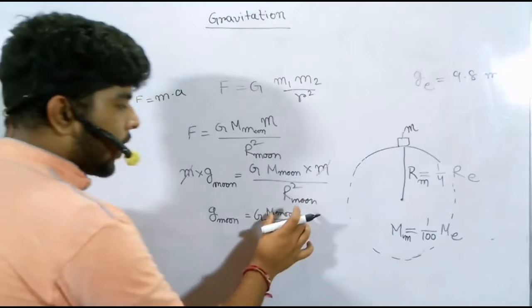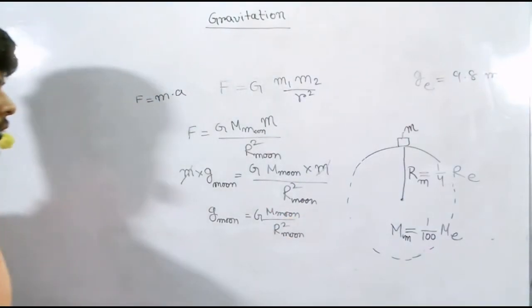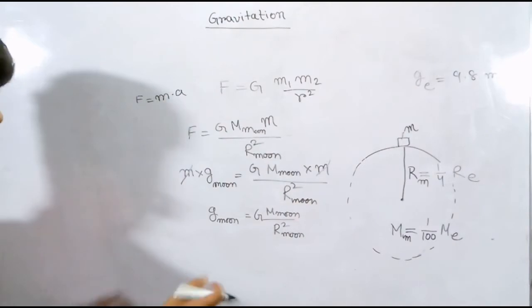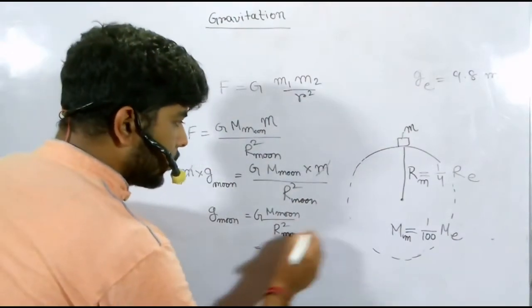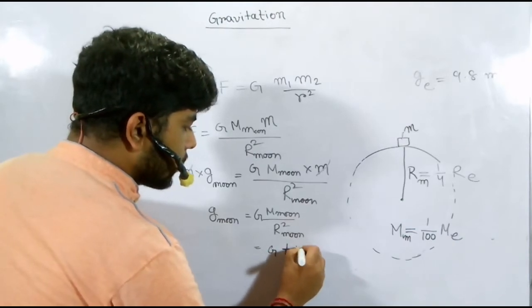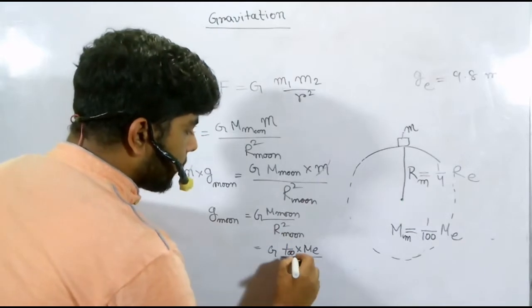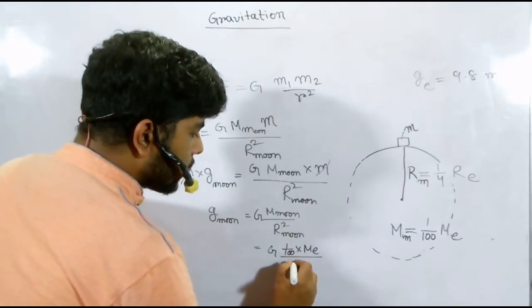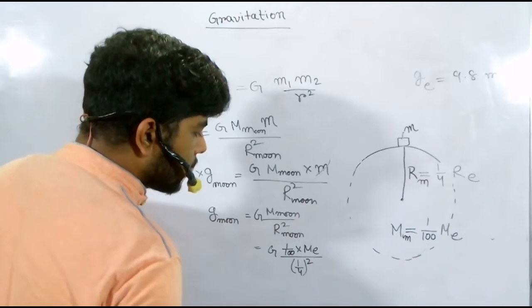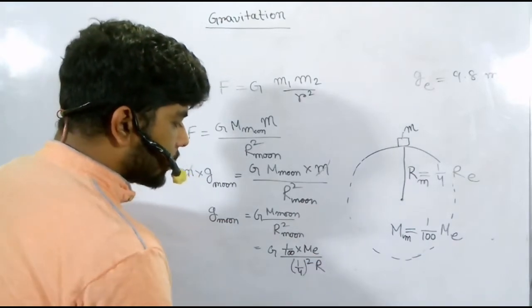So we know that the mass of the moon is almost 1/100 of the mass of the earth. So if we put this value, we get 1/100 into mass of the earth and 1/4 square of radius of earth, right?